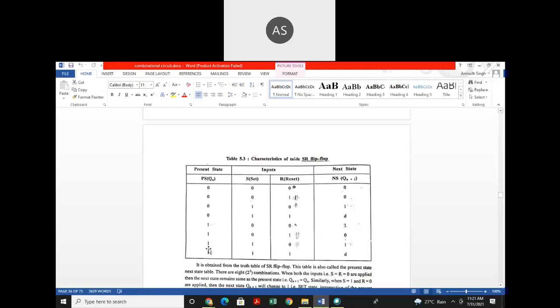Similarly, when present state is 1 and S is 1, that is, set terminal is 1, reset terminal is 0, it means Q is always 1. So next state is 1. If both inputs are high, then this is forbidden state and it is denoted by D. Don't care state.